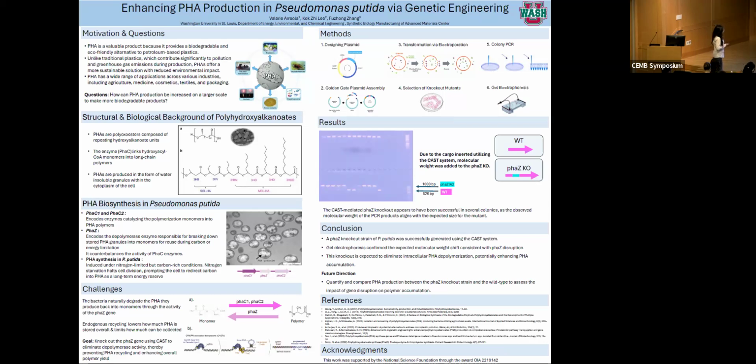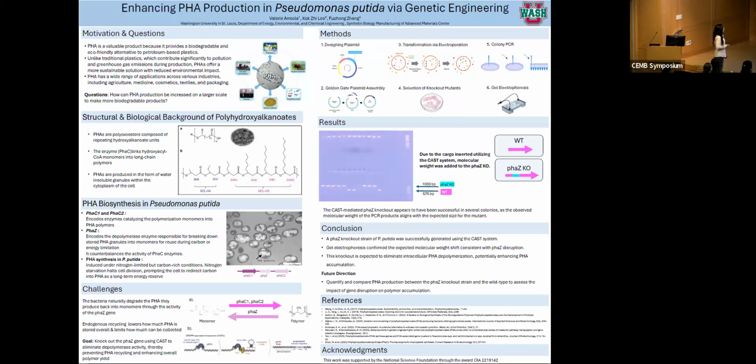As you can see here, the PHAC knockout is around 1,000 base pairs, whereas the wild type is around 626 base pairs. And that basically confirms our experiment, and it confirms the fact that it does in fact have the PHAC knockout.